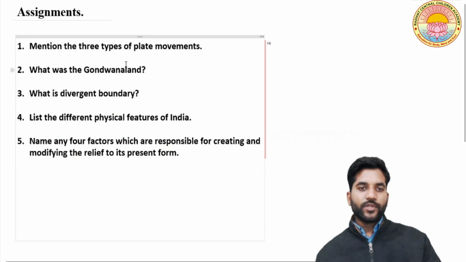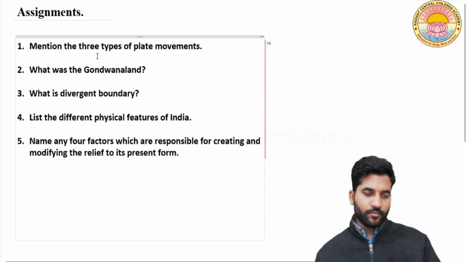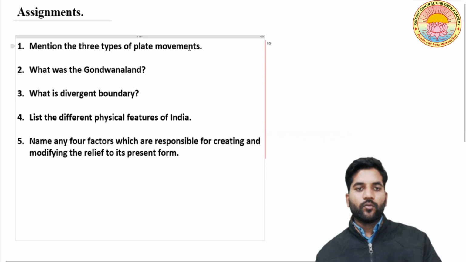Now let's come to the questions which you need to complete in your notebook. The first question is, mention the three types of plate movements. I have described this right now, what the plate movements are and how many types of plate boundaries are formed: divergent, convergent, and transform.